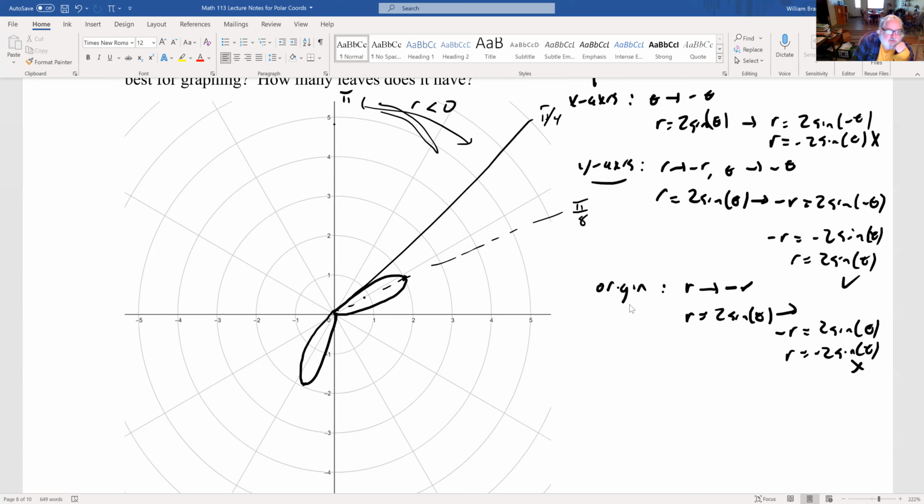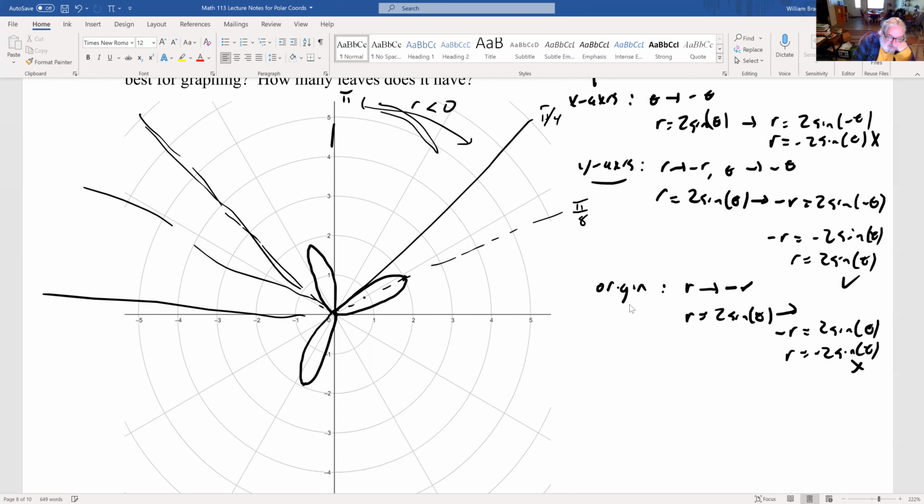And then from pi to 3 pi over 4, our sine is going to be positive again. So we go out and back in. From 3 pi over 4 to pi, our sines are going to be negative again. So that means we'll get not a graph in this part, but a graph over in this area. And it'll go out to 2 and back in.